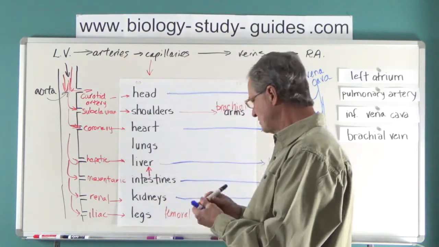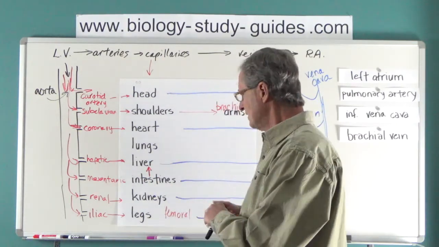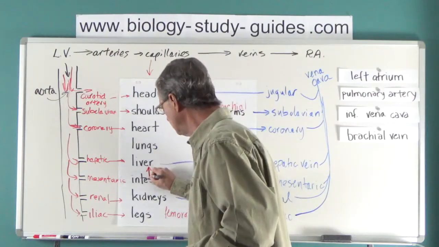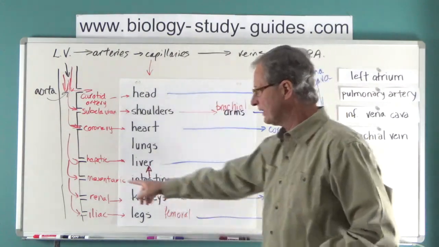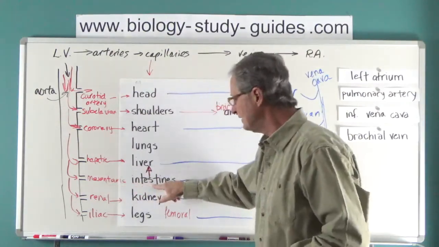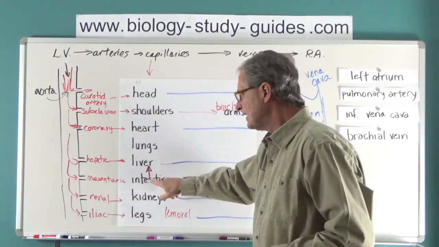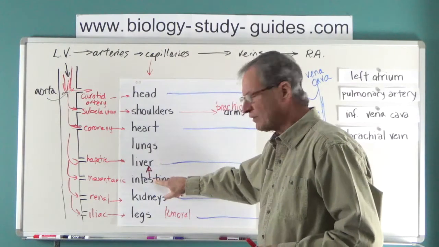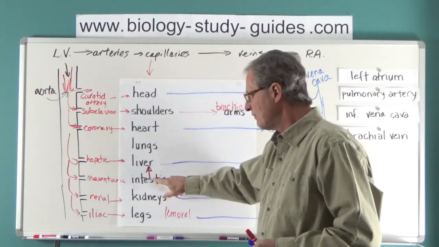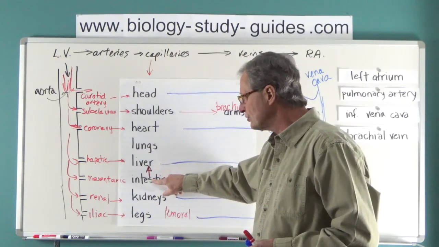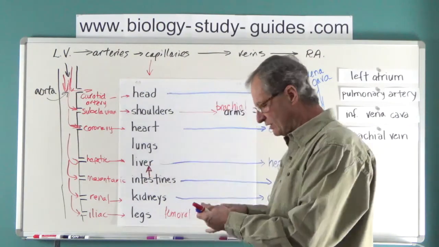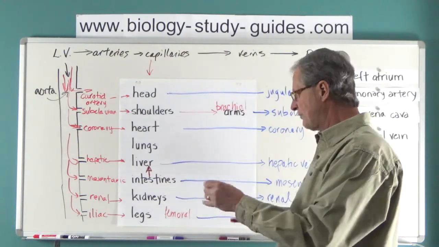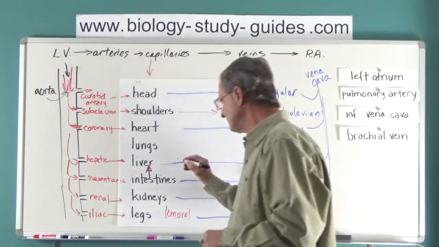By rights, I suppose I should be coloring it purple, because it's not really totally oxygenated anymore, because it's gone through the capillary bed in the intestines, but it's also picked up the nutrients in the intestines. And one of the things you'll recall is that the sugars get stored in the liver in the form of glycogen. This blood vessel here is called the hepatic portal vein.